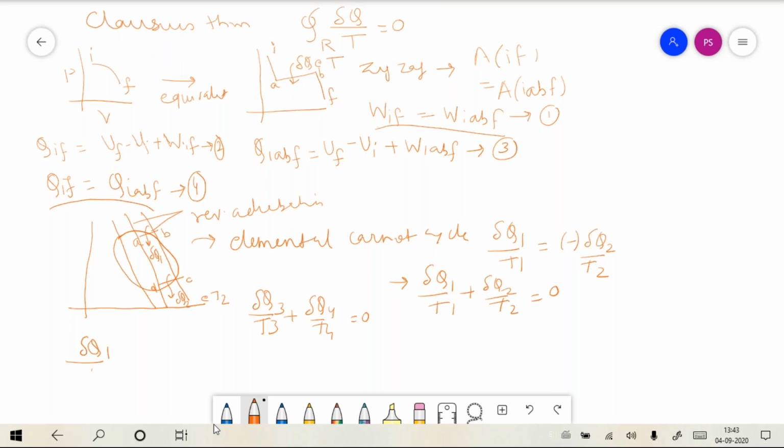I hope that for most of you now it is clear. Even for those who had not understood it. So let me ask you again whether this is clear to you, whether the proof for Clausius theorem is clear to you.